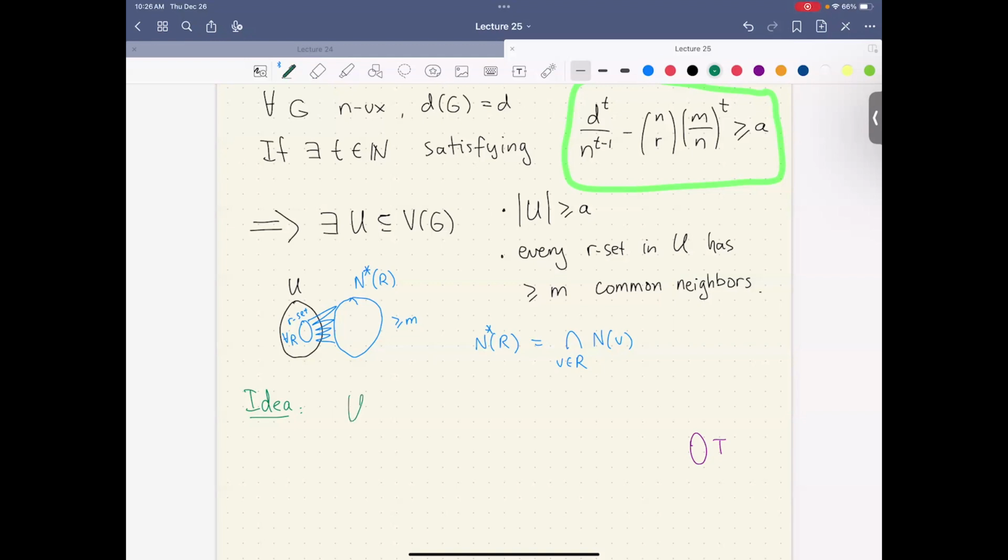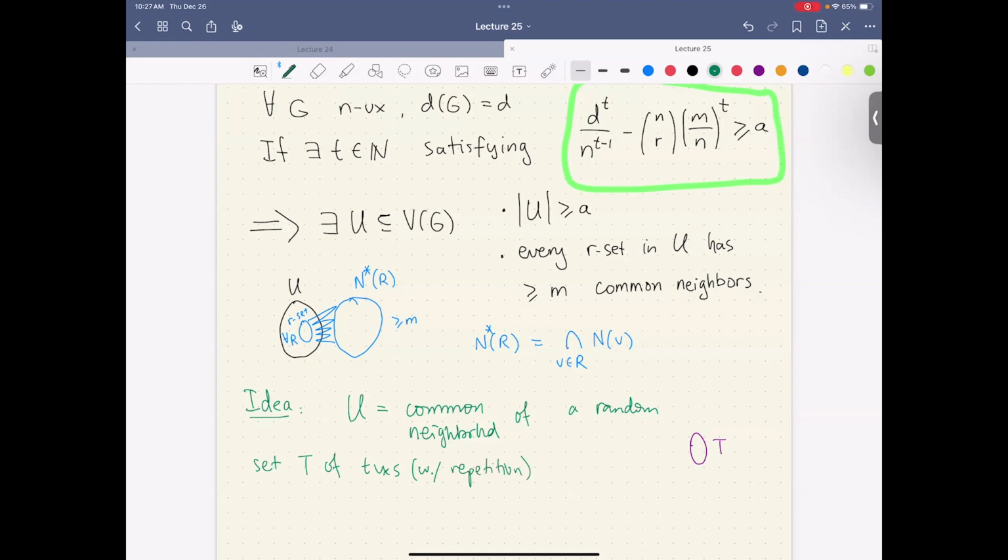Let U be the common neighborhood of a random set T of t vertices chosen with repetition.